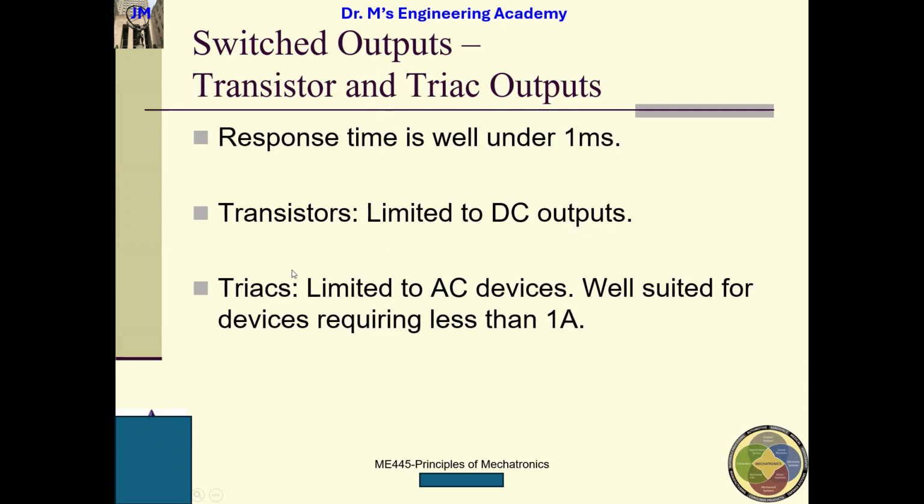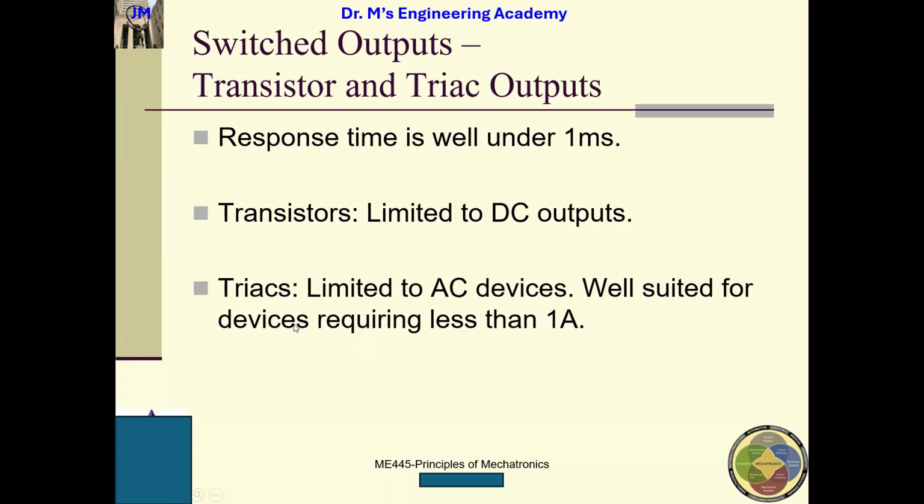A triac is a combination of two diodes, so it can be used for AC, in two directions. One diode only allows current in one direction, but a triac is a combination of two diodes oppositely. That's the reason you can use triacs for AC.